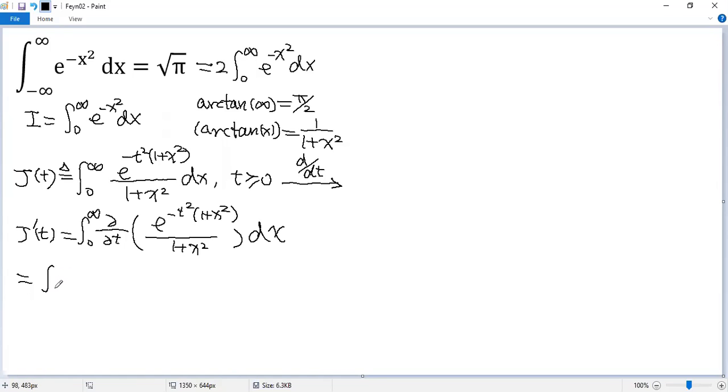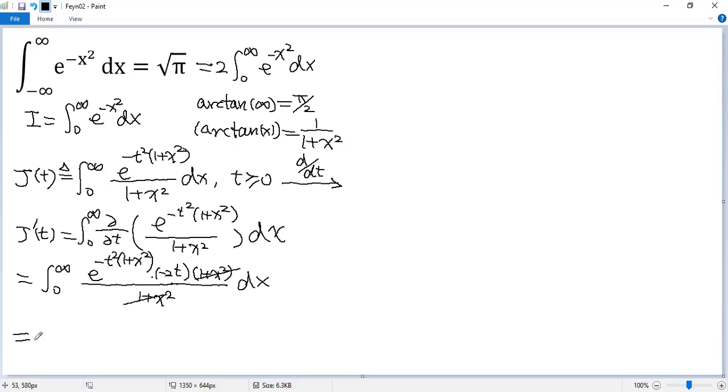So we get the integral from 0 to infinity. The top is e to the power of negative t squared times 1 plus x squared times the derivative of the exponent, right? So it is negative 2t times 1 plus x squared over the bottom 1 plus x squared, dx. Now we can cancel 1 plus x squared, right?